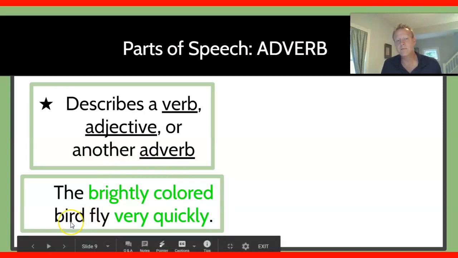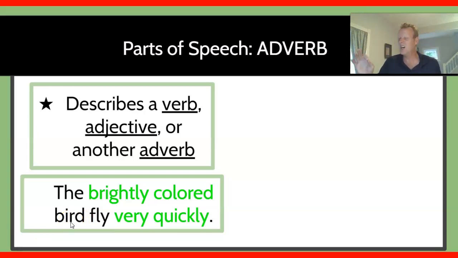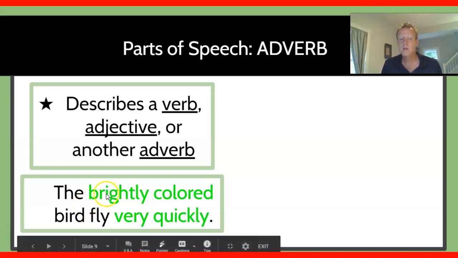Colored describes bird. What describes a noun? Bird's a noun. Colored would be an adjective, right? Adjectives describe nouns. Brightly is describing an adjective, colored. So it's an adverb describing an adjective. Flew very quickly. So you have quickly describing flew or fly.